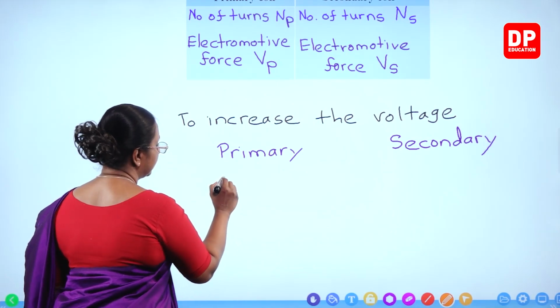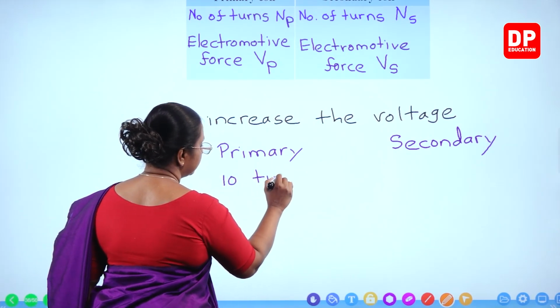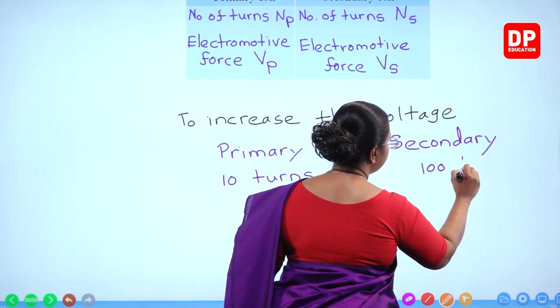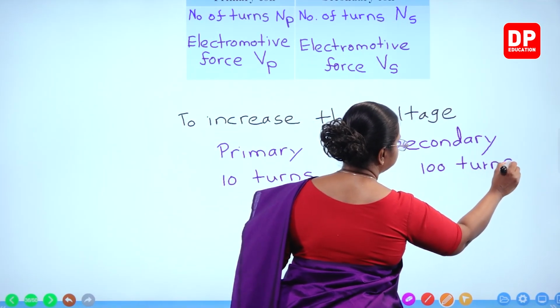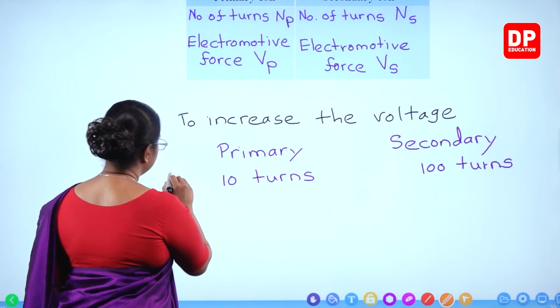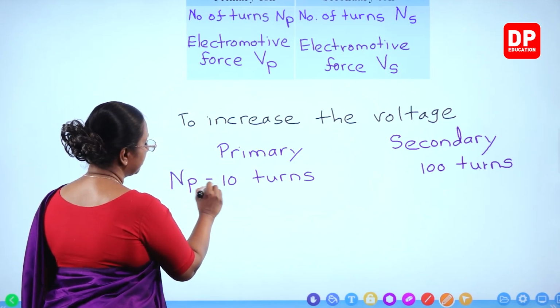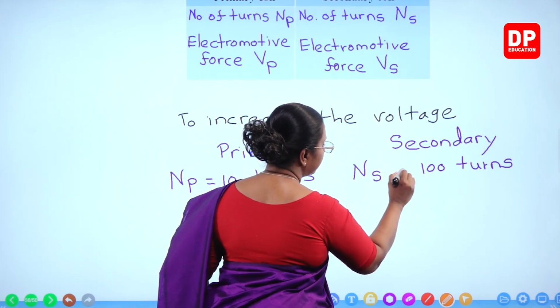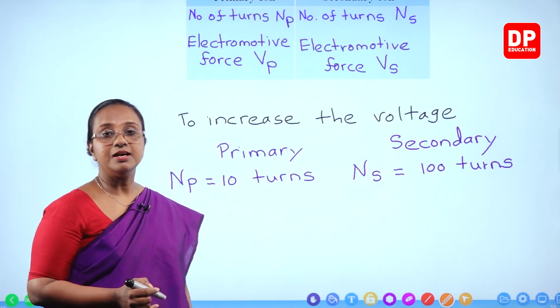If we have, let's say, 10 turns here and 100 turns there, that is, the number of turns in the primary coil is 10 turns and the number of turns in the secondary coil is 100 turns.